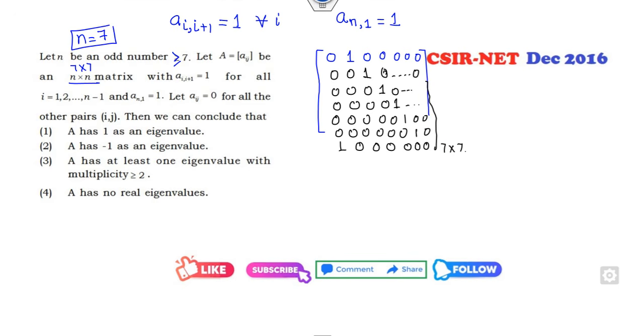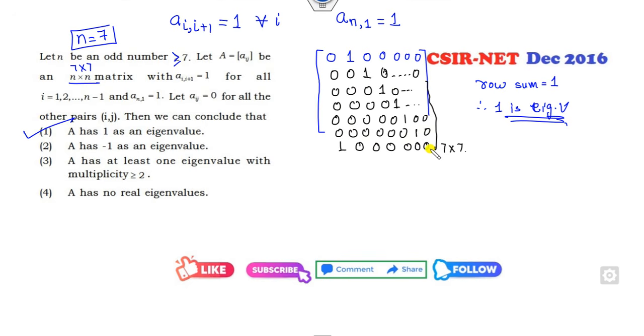Now what does it mean? First of all, each row sum is 1, so therefore 1 is an eigenvalue. So yes, the first option is the correct one. Column sum is again 1?